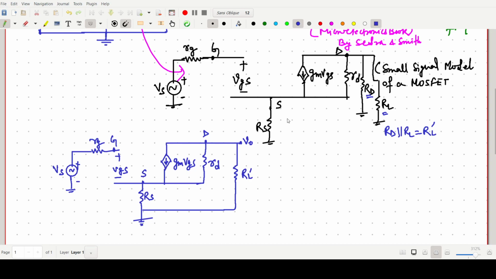So the same equivalent circuit of a small signal model can be redrawn like that.